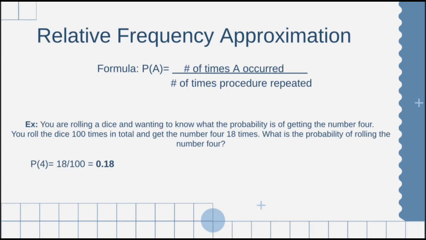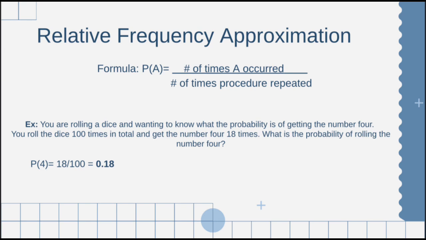There's different ways of figuring out the probability of an event occurring. The first example of how to do this would be the relative frequency approximation of probability. You do this by taking the number of times the specific event that you're studying has occurred over the number of times the procedure is repeated. For example, say you're trying to roll a dice and you want to figure out the probability of getting a 4 on a simple dice.